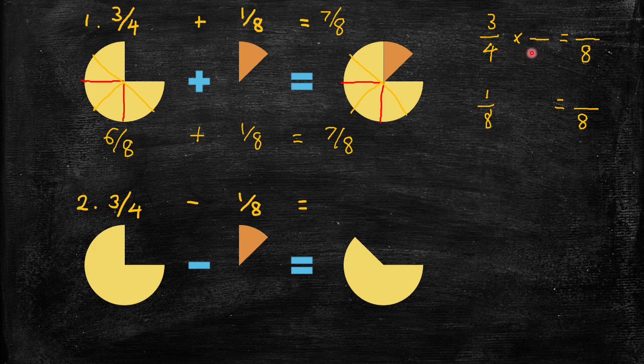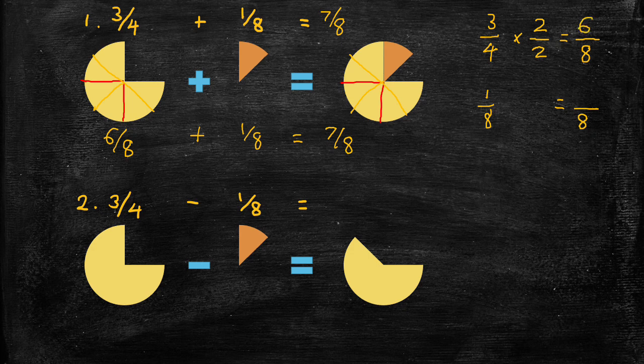So what denominator, if I multiply 4 by that denominator, will give me 8? Well, 2. 4 times 2 is 8. So if I have 2 in the denominator, I must have 2 in the numerator as well. And now in the numerator, 3 times 2 comes to 6.